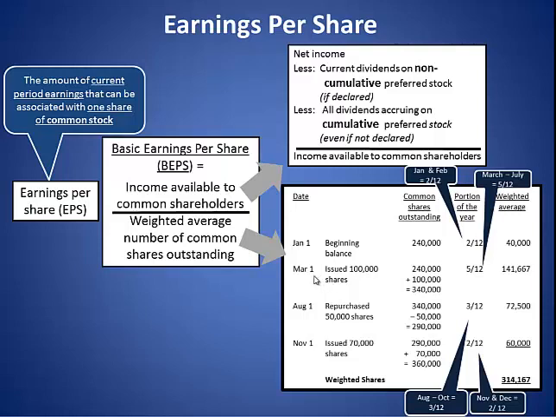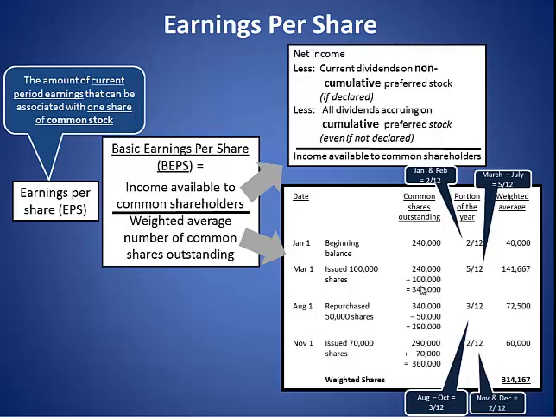We have a transaction on March 1st. We issued 100,000 shares. And you can see the common shares outstanding went from 240,000. We increased them by 100,000. So now we have 340,000 shares outstanding. And that amount remained consistent until August 1st.